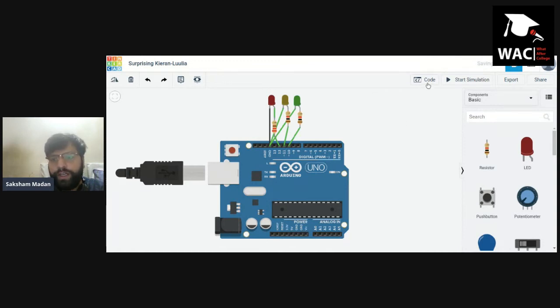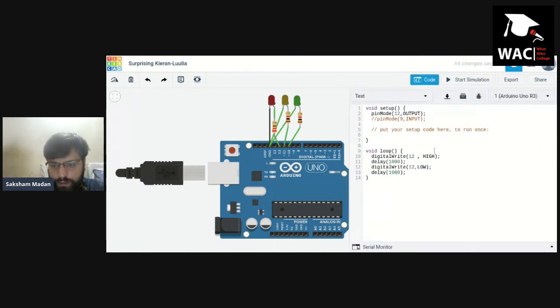Okay, so I need to write a code for the same. Now the difference will be that as soon as the red light turns off, the yellow light turns on. Okay, so digital write 11 high.